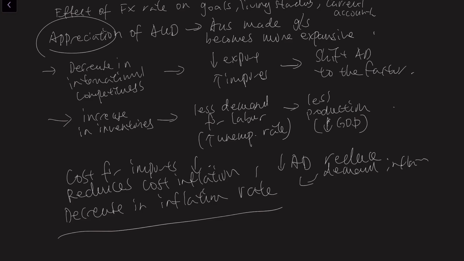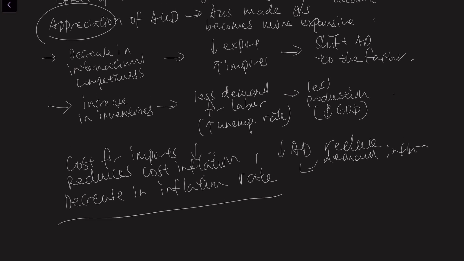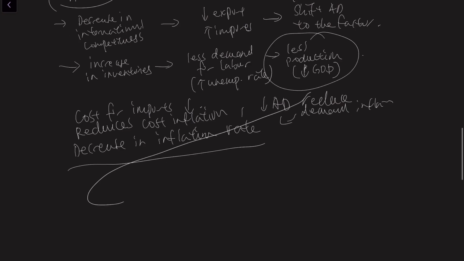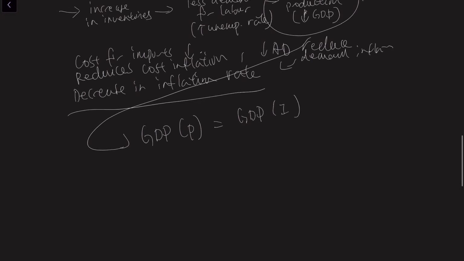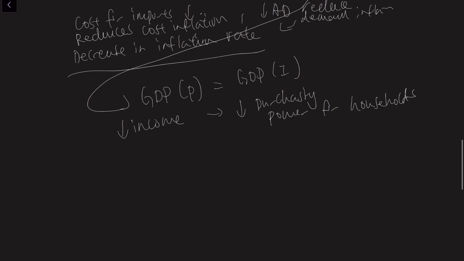So now let's link this with living standards. So less GDP, we know that GDP production is equal to GDP income by the accounting identity, and lower income means lower purchasing power for households. Lower purchasing power reduces material living standards, since you are unable to access as many goods and services as you were before.